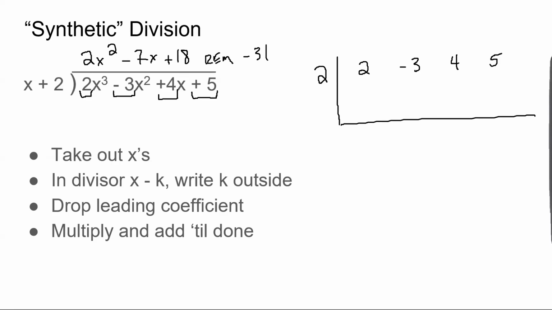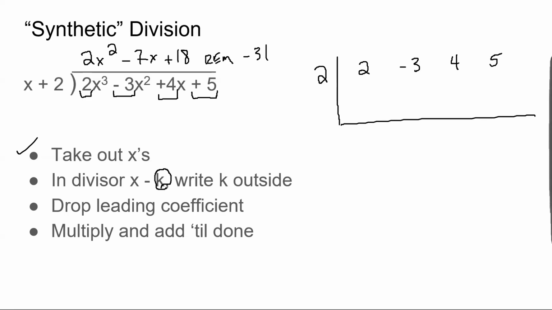So step one, forget about all the x's. Just erase them. They're not there anymore. They are there, but we're representing it in a different fashion. In the divisor, write k from x minus k, and write the k outside. So that constant right here is this. And there's one more thing I've got to do.